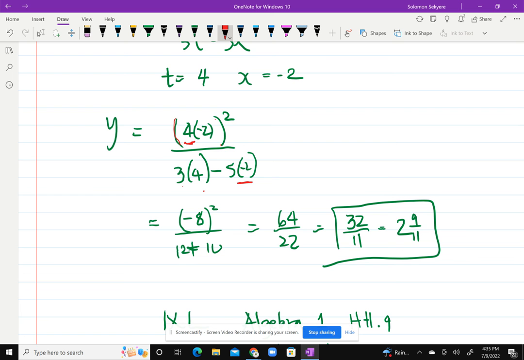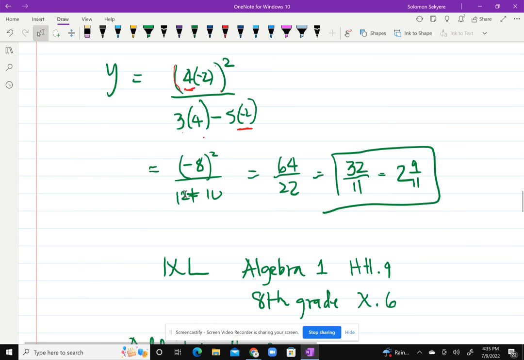Use parentheses. Don't do anything in your head; try to write things out as much as possible. So now we have 4 times negative 2 is negative 8, squared, over 3 times 4 is 12, and negative 5 times negative 2 becomes positive 10. Or you can do 12 minus negative 10, which becomes 12 plus 10.